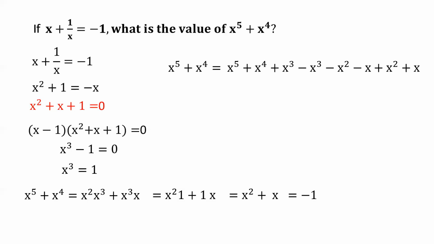Basically, the expression is the same as the one I started with. I just added and subtracted a few terms, making sure that I subtracted the same terms I added, so that I have parity. So what I'm now left with is x to the power 5 plus x to the power 4 plus x cubed minus x cubed minus x squared minus x plus x squared plus x.